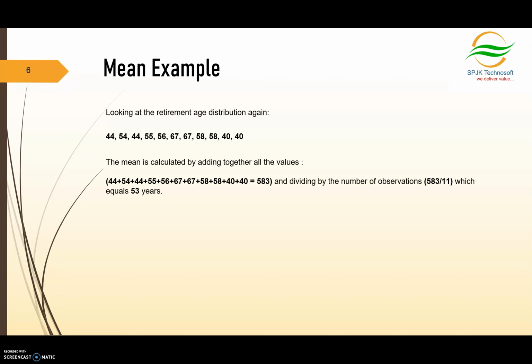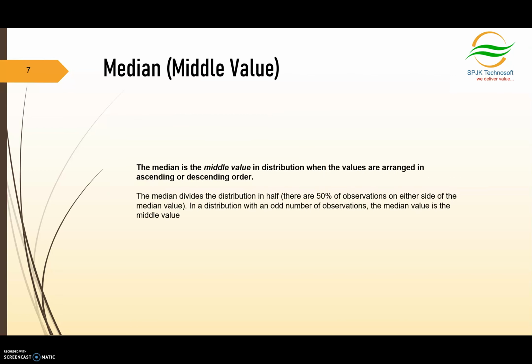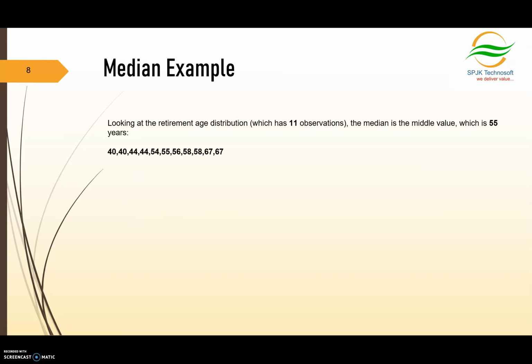So now going to the next one, which is median. Median is the middle value. To calculate a median, we need to sort the data in ascending or descending order and then pick the middle value. And how to do that? Let us see an example for median.